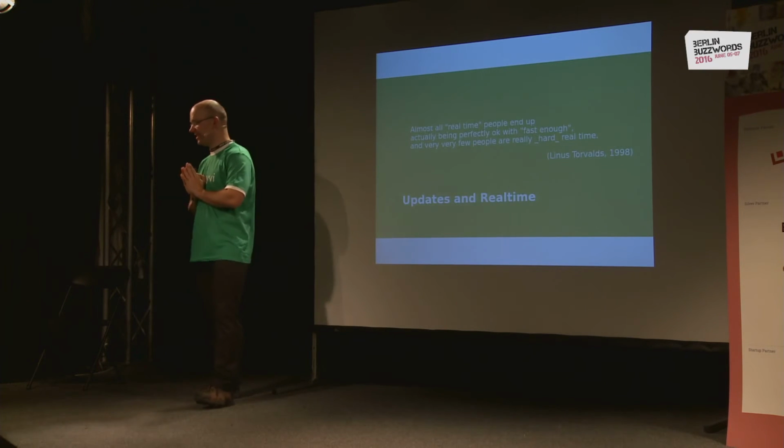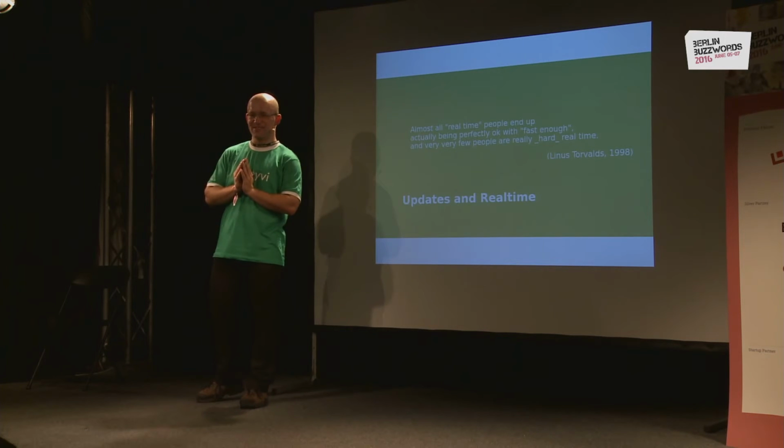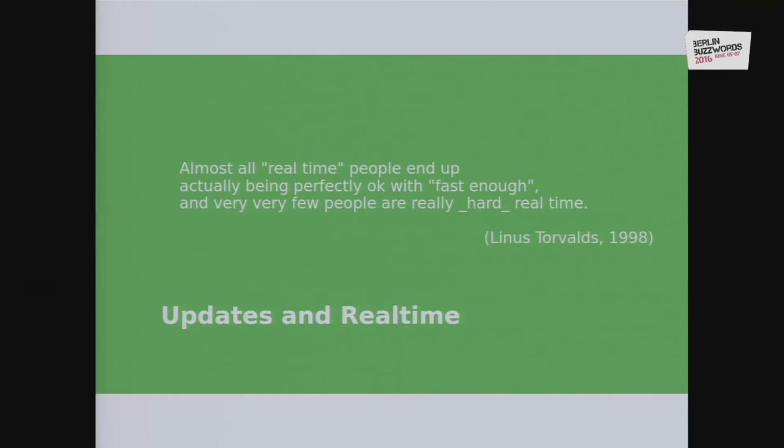So I said key value index and not key value store. So what about updates and what about real time? That's obviously two questions, but I have to challenge that a bit. What is really your use case? Do you really need real time, or do you just need to have it fast enough?